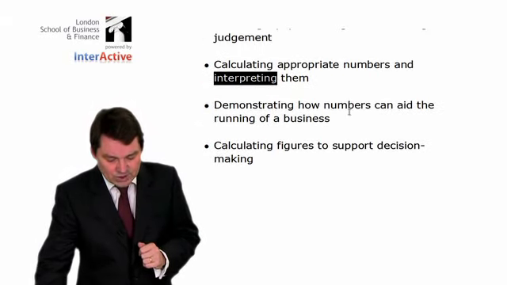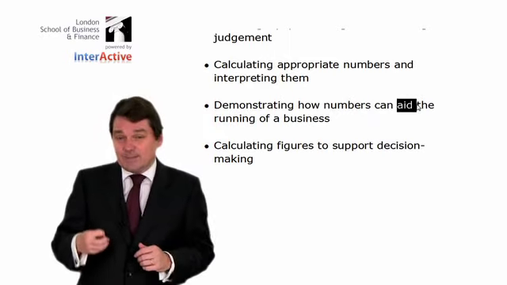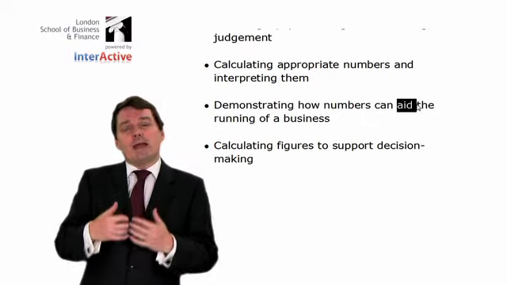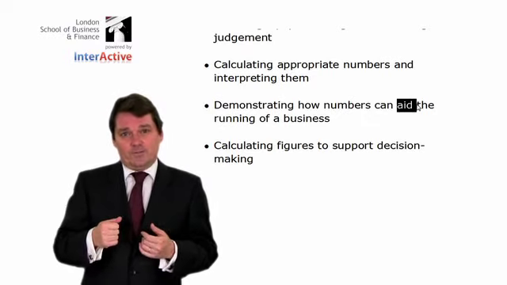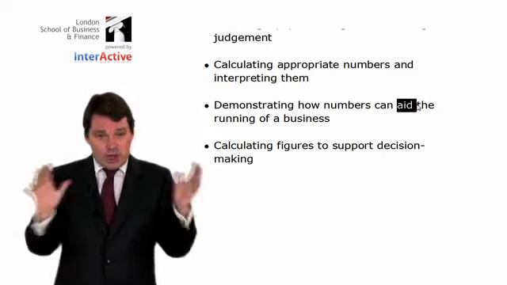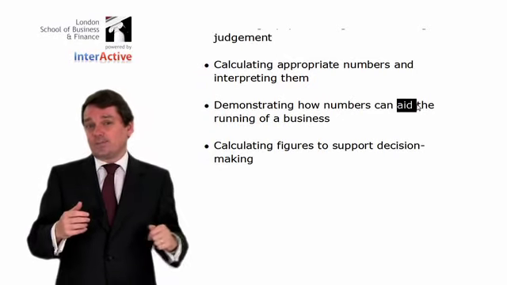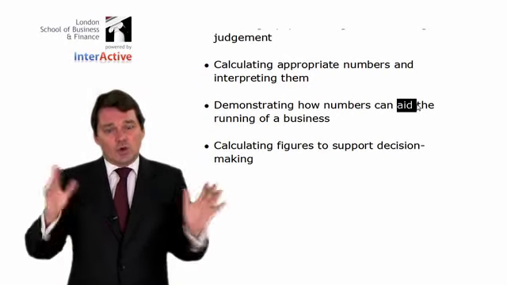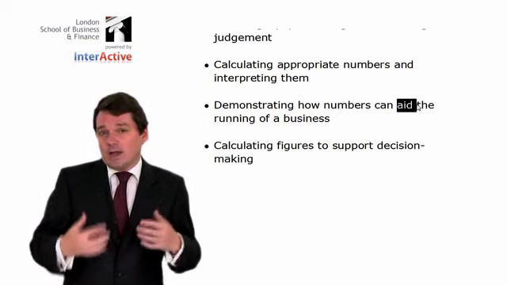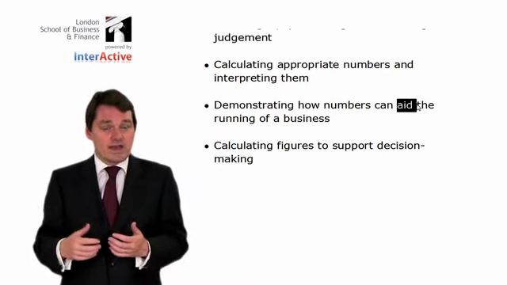How can numbers aid the running of a business? This is one of the most important parts of P5. Imagine that you are a manager sitting in head office for an organisation, and your organisation is based all around the country. It could even be based all around the world. Your company may be made up of lots of little divisions, each doing different things.